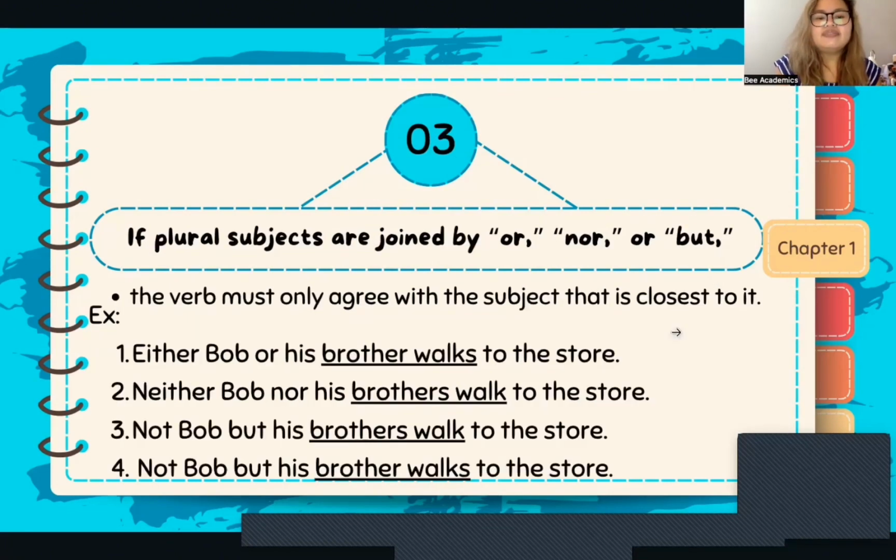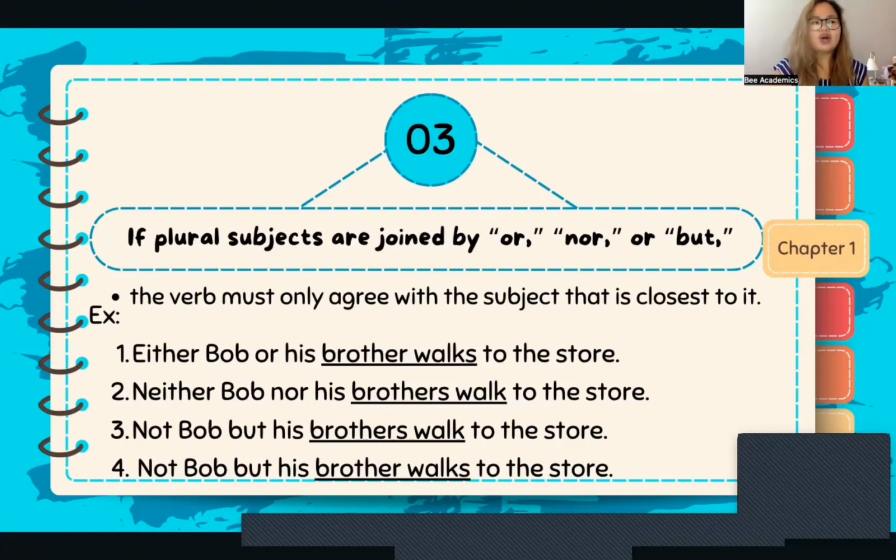Okay? If plural subjects are joined by or, nor, or but, the verb must only agree with the subject that is closest to it. For example, number 1, either Bob or his brother walks to the store. The subject that's closest to the verb is brother, so we use the verb with an S, okay?